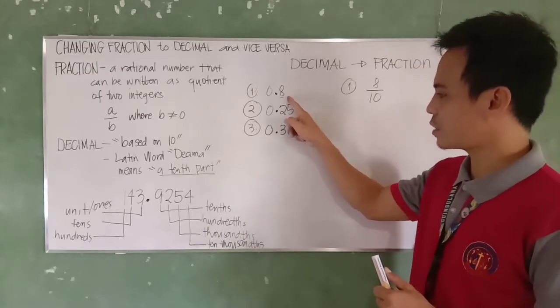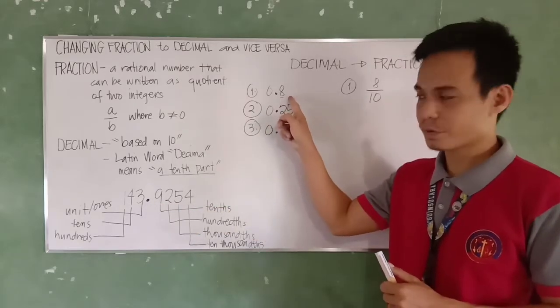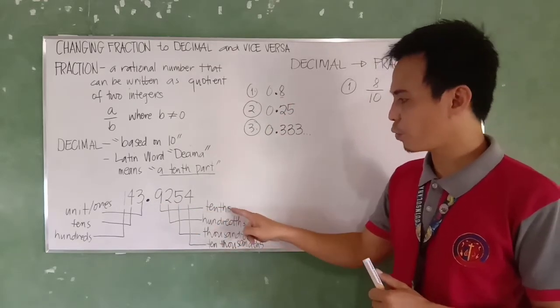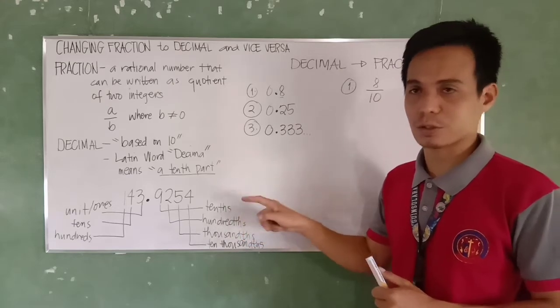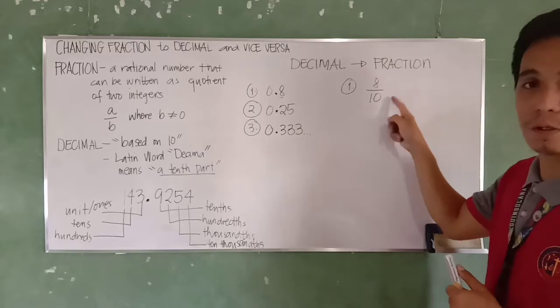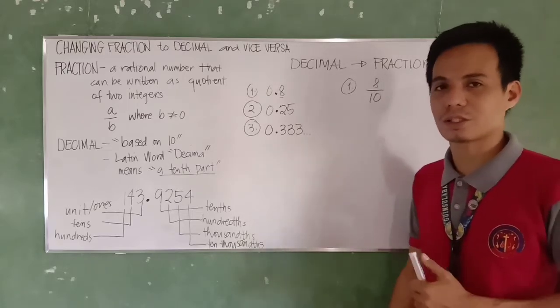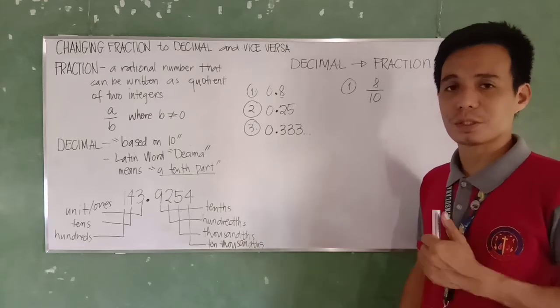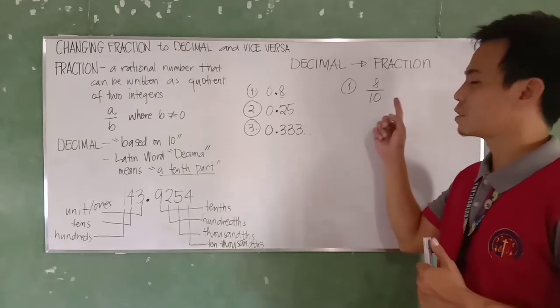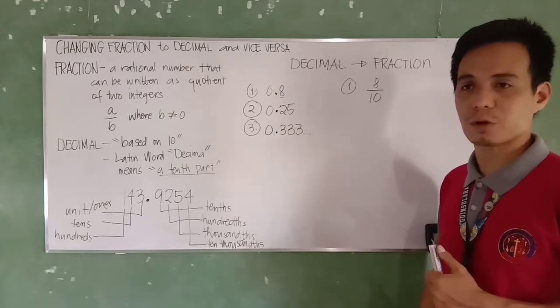Since our 8 there is in 10th place, isa lang siya. So therefore, we have to divide it by 10. Okay? So therefore, 8 over 10. So we have a fraction now. And what we will do next is to simply simplify. Just transform this into a simplest form of fraction.